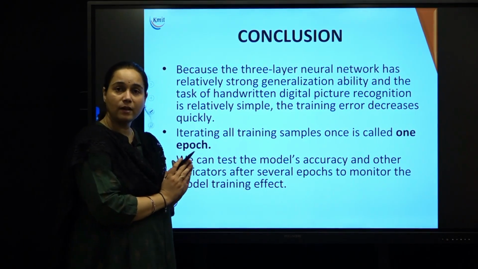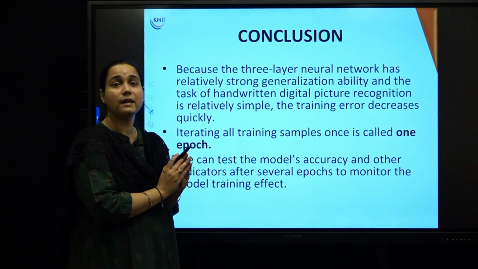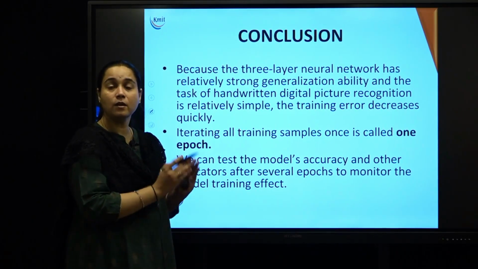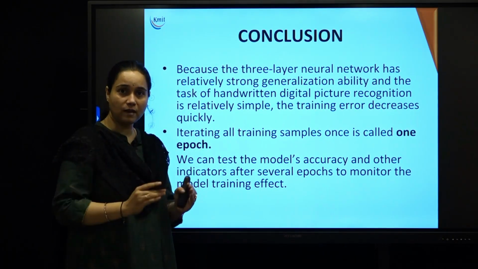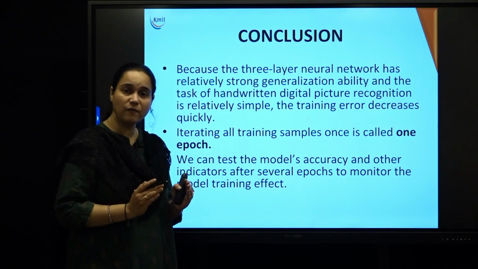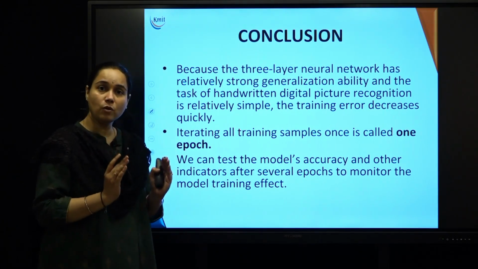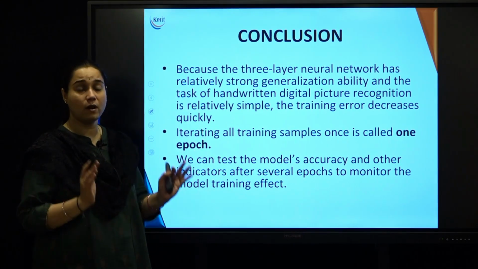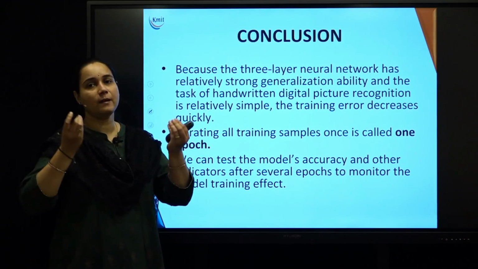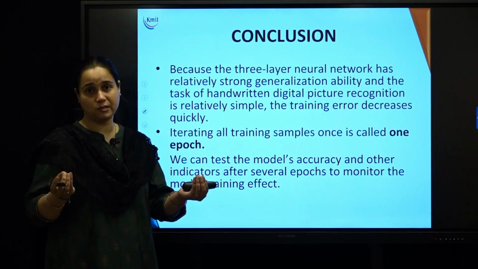So, I told you this MNIST dataset was not able to be solved by a linear model using a single layer. So, we came across by adding nonlinearity, by using deep learning frameworks and by applying a more complex model like a 3-layer network. Now, the generalization ability of your model has increased.